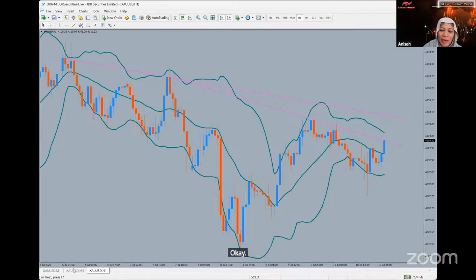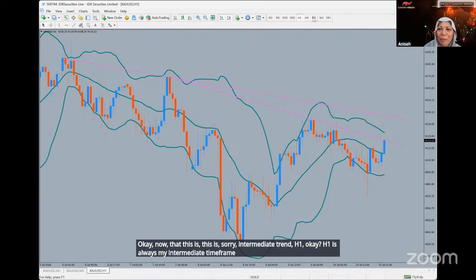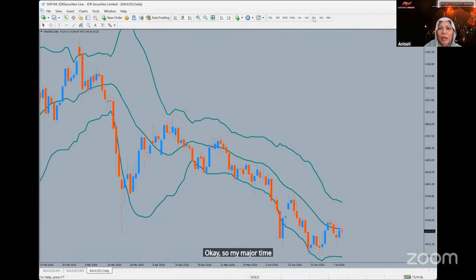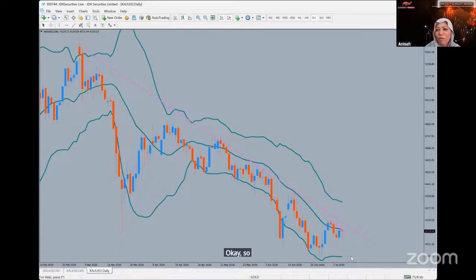Now this is, sorry, intermediate trend H1. H1 is always my intermediate time frame. My major time frame is daily. So daily is a super good downtrend, and the price obviously remains in the bearish area of the Bollinger Band. So that is strong, confirmed, heavily bearish.